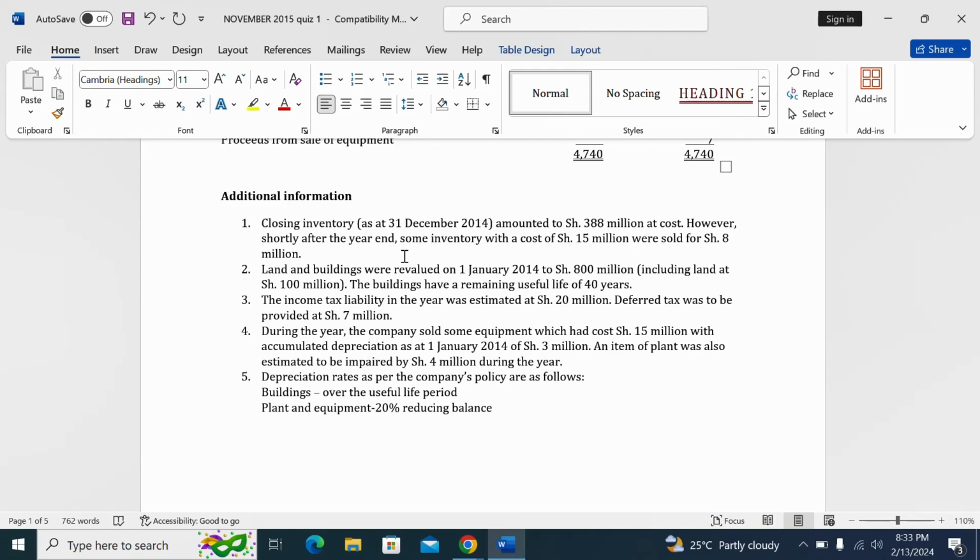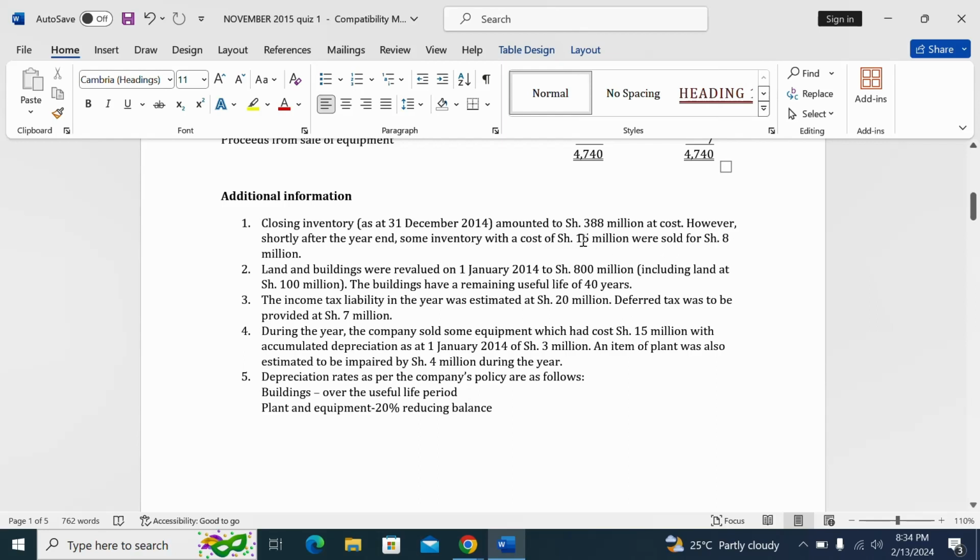Whichever is lower, that is what you take to be the value of your closing inventory. Therefore, in this additional information number 1, we are going to remove this 15 million from 388 million, because 15 million is the cost, but 8 million is the net realizable value.